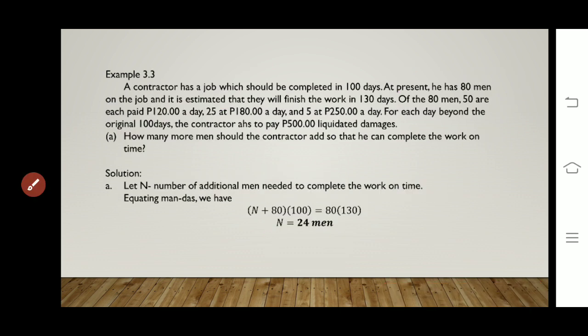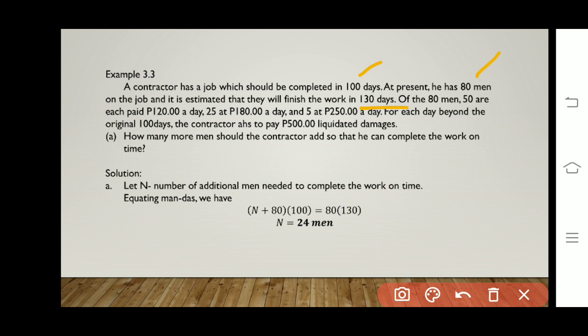So, next example. So, we have naman dito yung selection of number of workers. So, let's say daw meron tayong contractor, meron siyang project na dapat ay makompleto within 100 days. Pero sa ngayon, meron lang siyang 80 men and sa estimate niya, aabutin ng 130 days para matapos yung project.